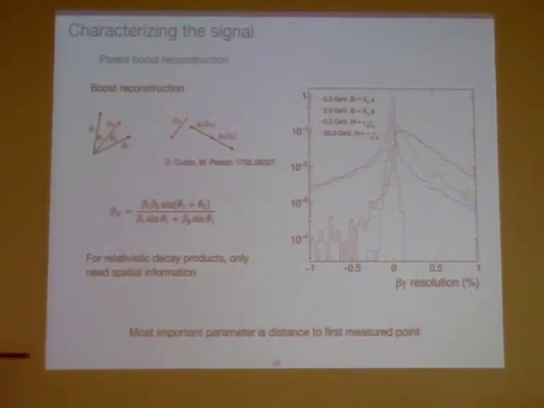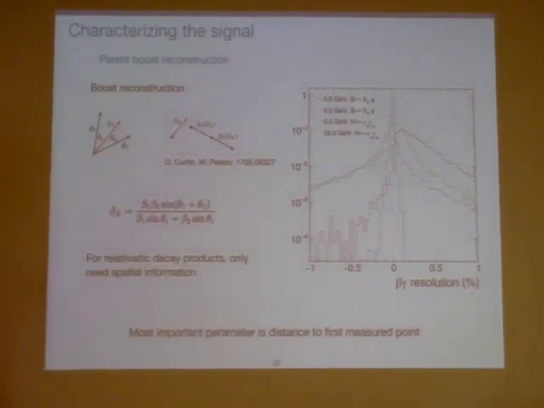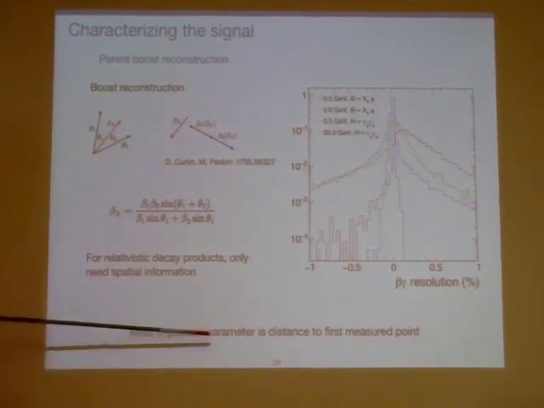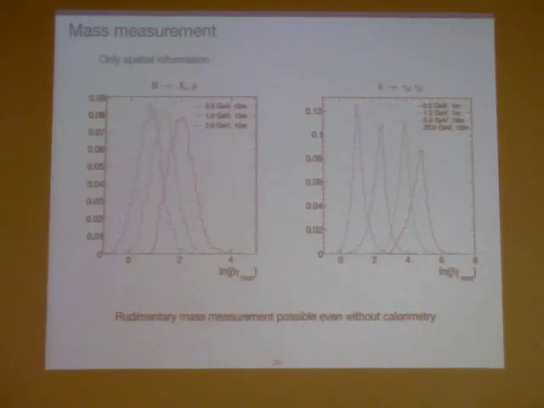This again depends on how many tracking layers you have, what your vertex resolution is. So for the example that we use, this is quite good. And if you now assume a particular production mode, you can try to turn this into a mass measurement. This is what this looks like for these two different benchmarks.